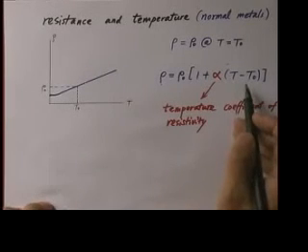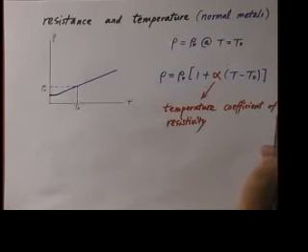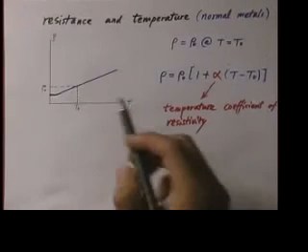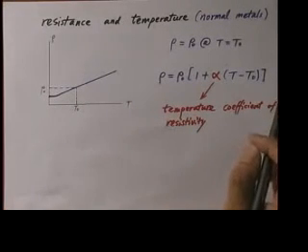Now, alpha typically is a quite small value for metals. Otherwise, you would expect a dramatic change in the value of rho as temperature changes, and we know that is not the case.